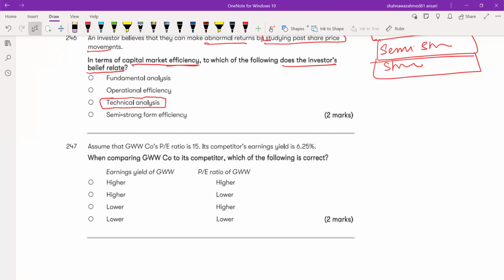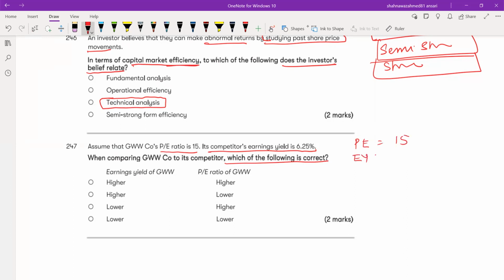Assuming that the company's PE ratio is 15, its competitor's earning yield is 6.25. When comparing the company to its competitor, which of the following is correct? The PE of GWW is given as 15 times.